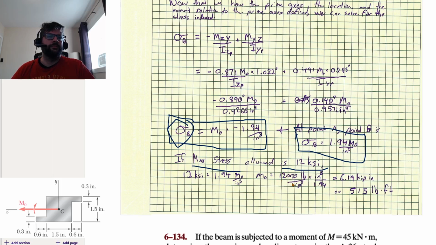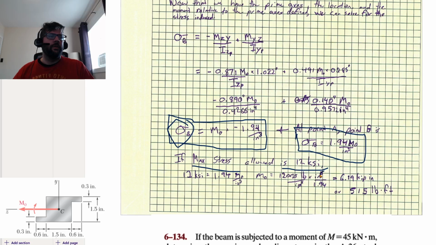So solving for m naught, I just divide by this value here. So 12 ksi, I decided to put that in terms of 12,000 pounds per square inch, divided by the 1.94 per inches to the third.